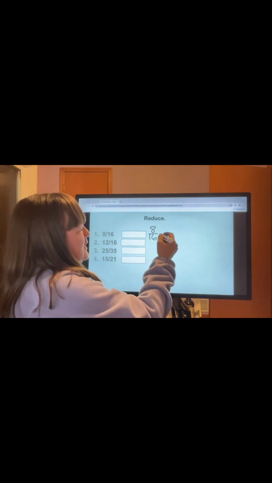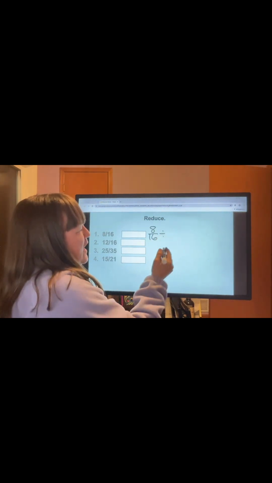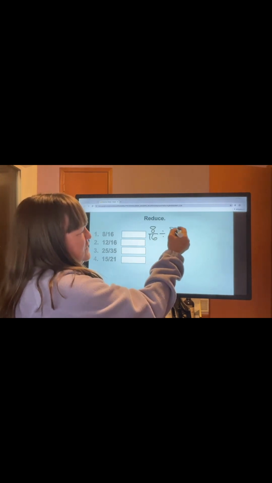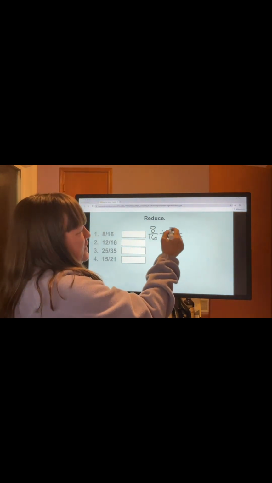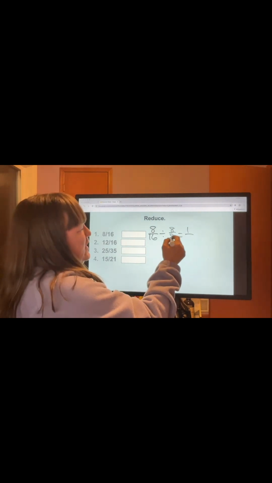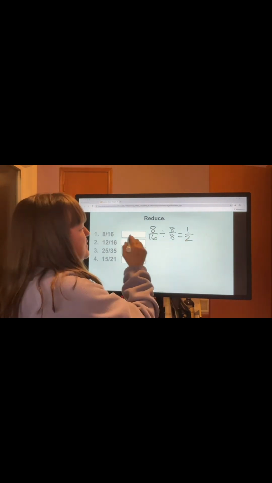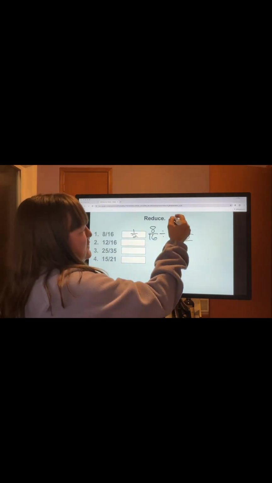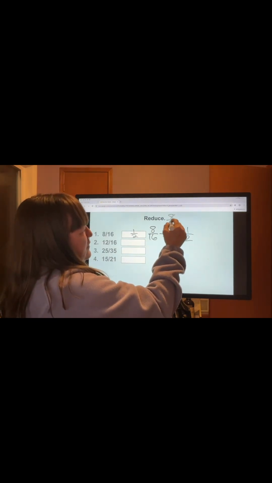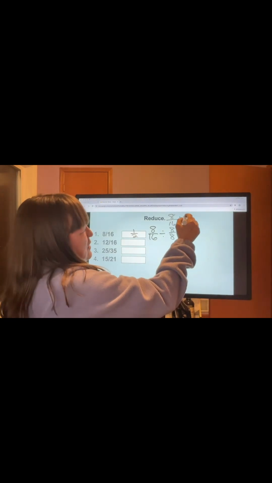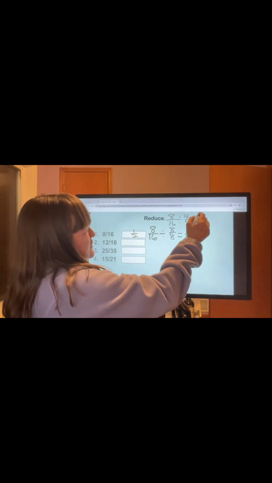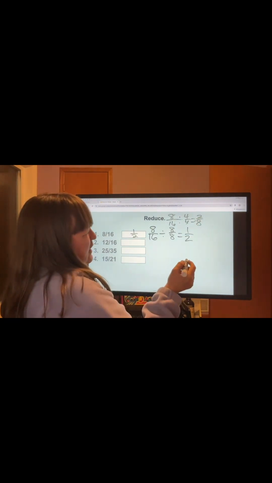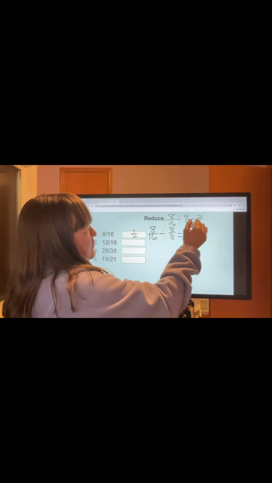Okay, 8 over 16. I already know that it's going to be 8, the biggest number that goes into both of these, okay? So 8 goes into 8 one time, 8 goes into 16 2 times. Now, say you didn't see it, and you started with a 4. 4 goes into 8 2 times, 4 goes into 16, I'm sorry, I put 8, 4 times.